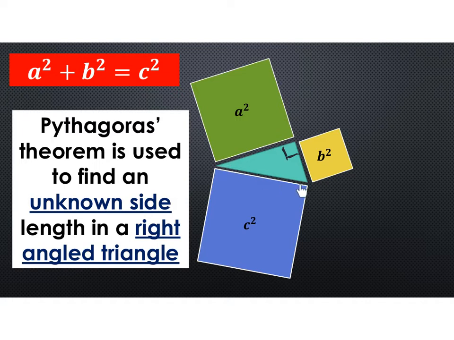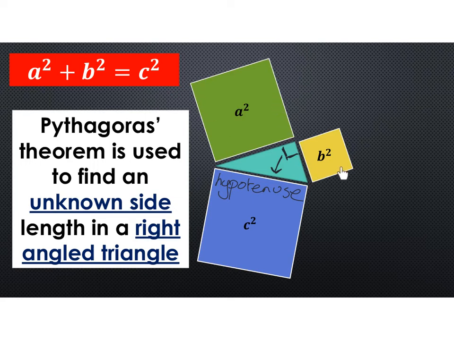Side length C is always my longest side, and in a right angled triangle, my longest side is always opposite that right angle, and we give it a special name which is called the hypotenuse.